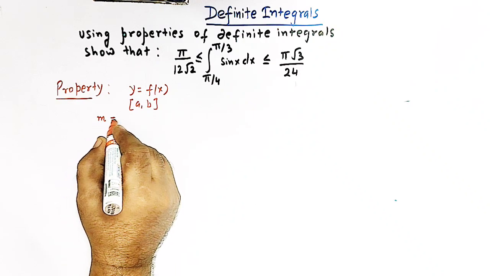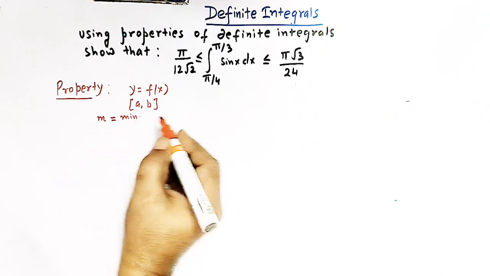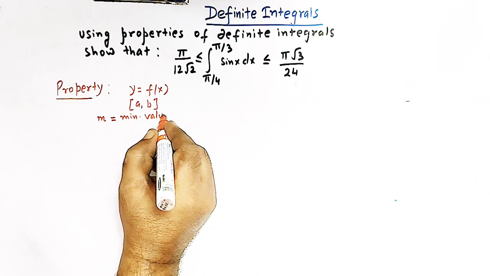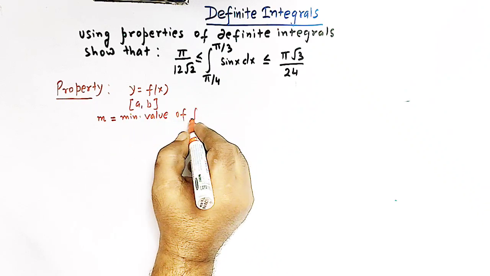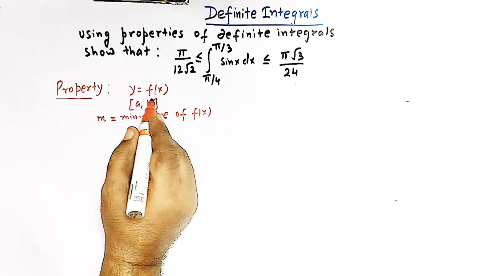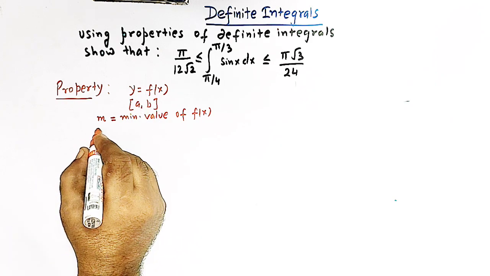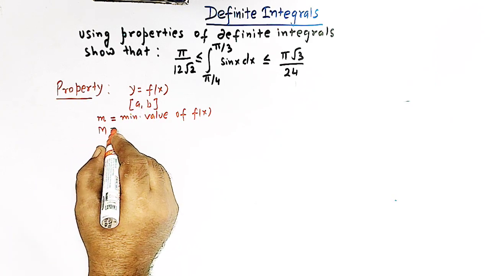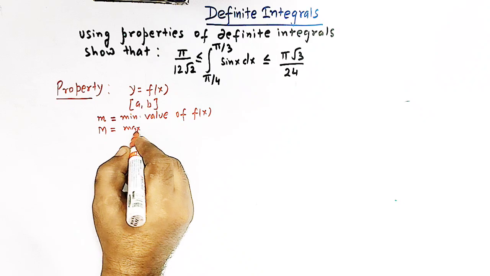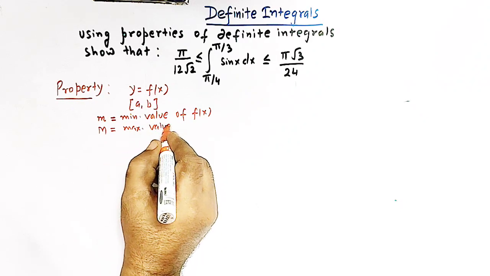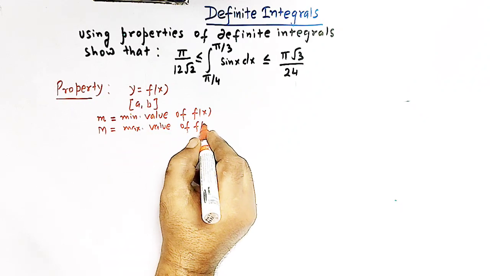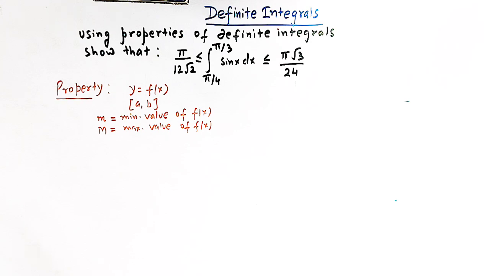So small m denotes the minimum value of the function f of x in this closed interval a comma b, and the capital M denotes the maximum value of this function in this interval, right?